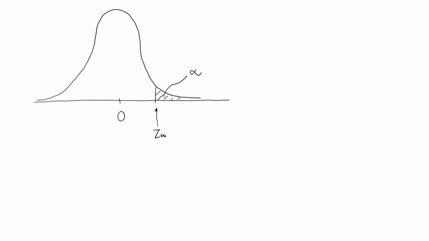We can see that if I decrease alpha, if I make the tail smaller, then I have to move this z alpha to the right. So a smaller alpha must lead to a higher z alpha. The technical definition of this z alpha is this. We want the probability that our standard normal random variable is greater than z alpha to be exactly alpha.